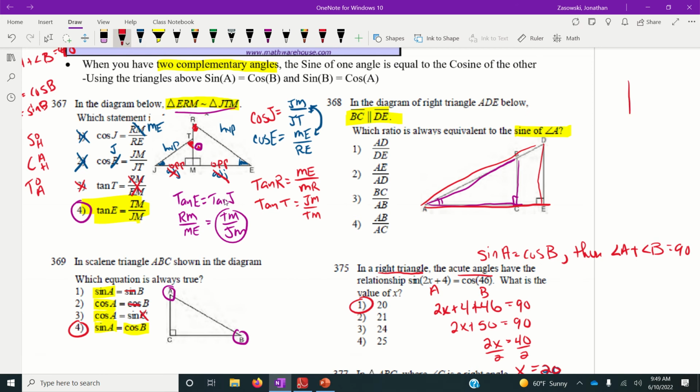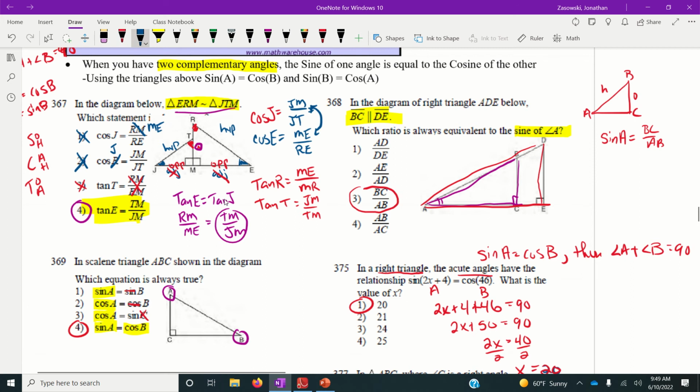So in the small triangle, the sine of A is equal to the opposite over the hypotenuse. So it's going to be BC over AB. And notice that that is a choice, which would be option 3.